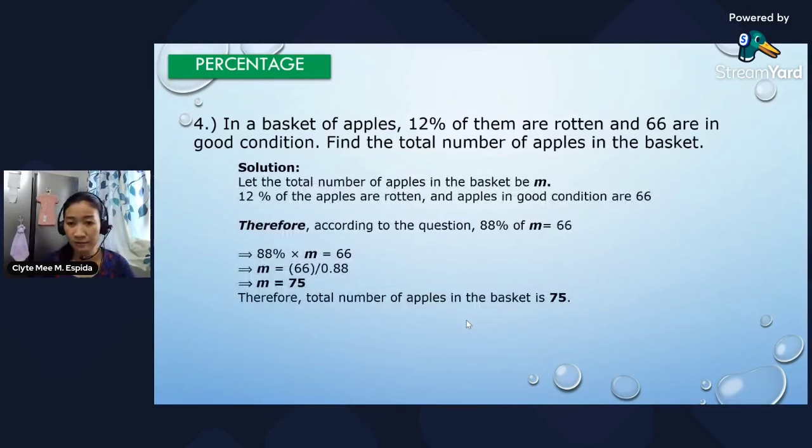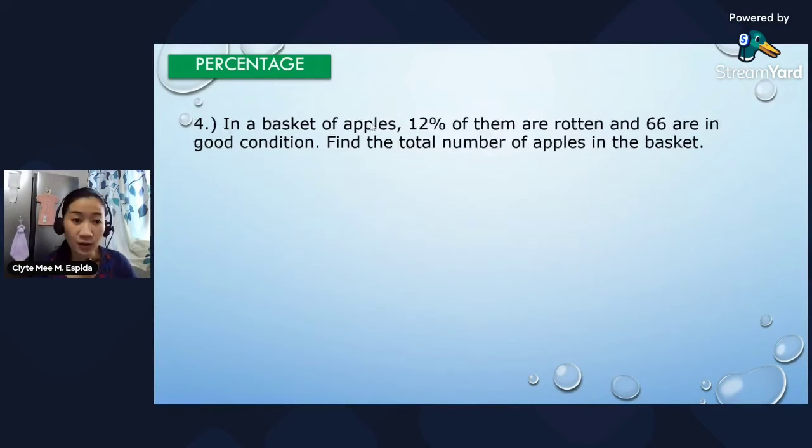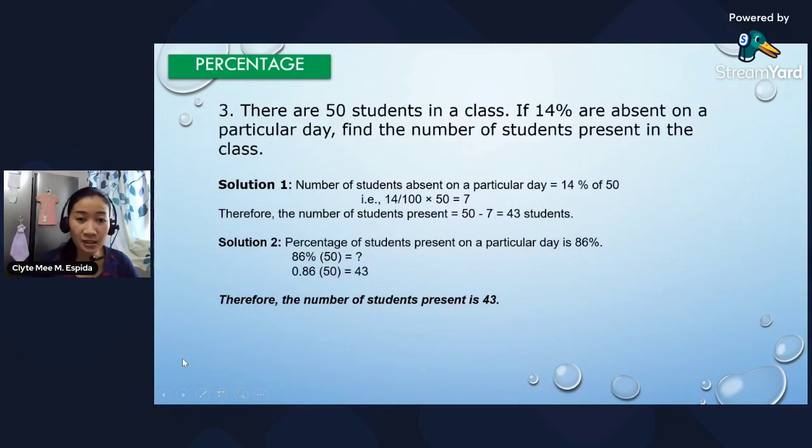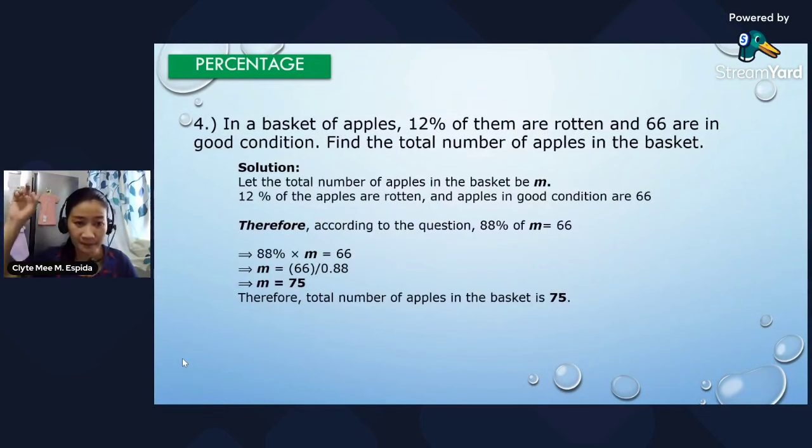Ito po yung solution. Okay. So let M be the total number of apples in the basket. 12% of the apples are rotten. And apples in good condition are 66. Therefore, according to the question, 88% is in good condition.